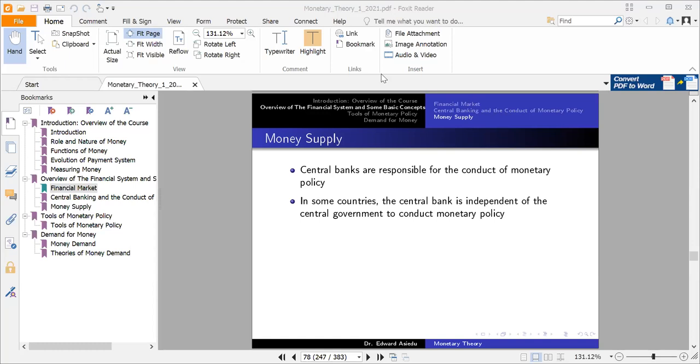Okay, sir. I think the central bank should be independent from the central government, because this political interference is too much. When such things occur, they tend to make policies that favor the government, and this increases the money supply in the system.